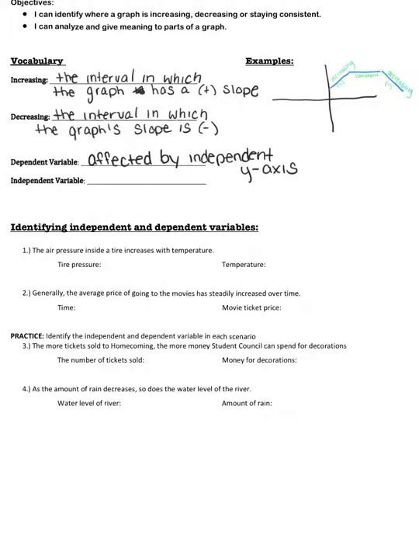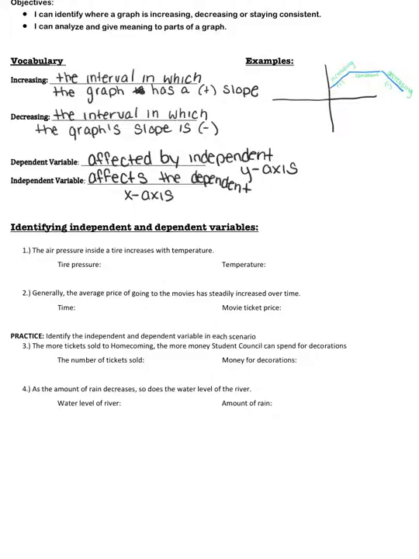Okay, because the y-axis in a way literally depends on the x. And then the x-axis is your independent variable. So it's the one doing the changing. Okay, and so again, that is the x-axis.